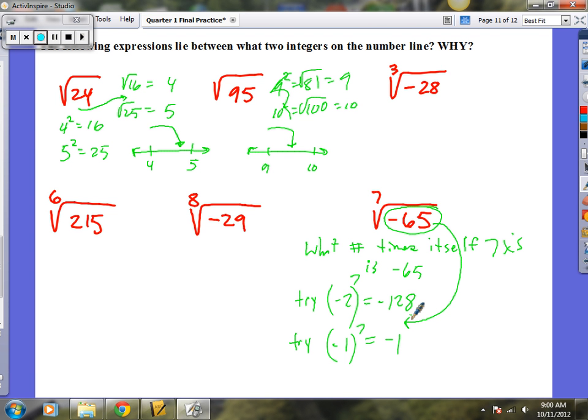So what number times itself 7 times is going to end up at negative 65? It's going to be a number between a negative 1 and a negative 2. And it might even be like right halfway in the middle, because 65 looks like it's kind of halfway between 1 and 128. So it's going to be some number between those two suckers right there.